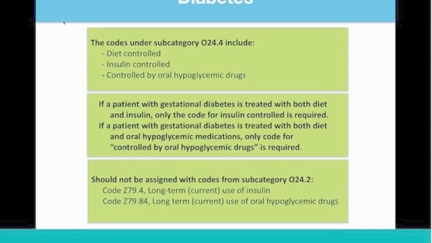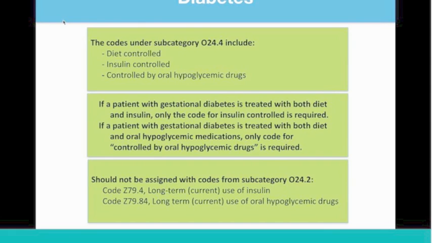For gestational pregnancy-induced diabetes, the codes that are under category O24.4 include diet-controlled, insulin-controlled, and controlled by oral hypoglycemic drugs. If a patient with gestational diabetes is treated with both diet and insulin, you're only required to report the insulin-controlled.